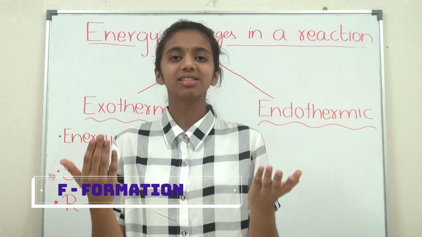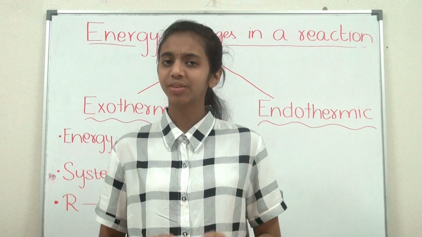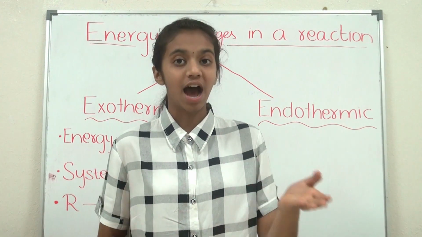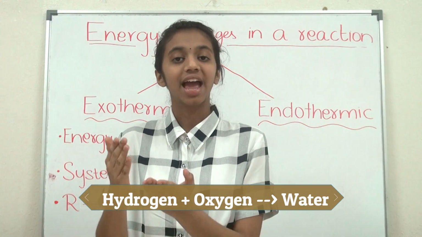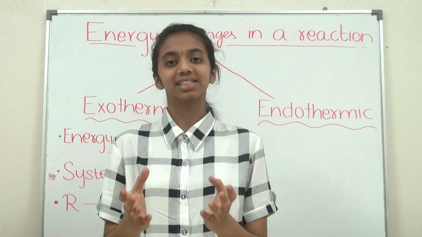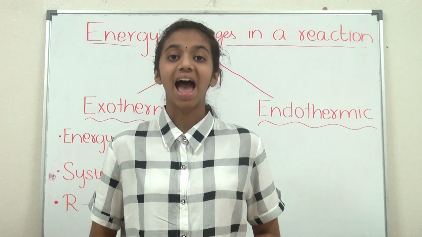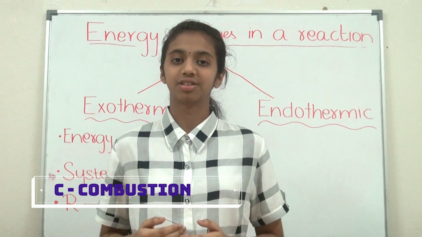Formation can be a simple formation of a product with two reactants. Take an example of hydrogen and oxygen. As they react, they give H2O, which is water. This is formation. And C, the second one, is combustion.